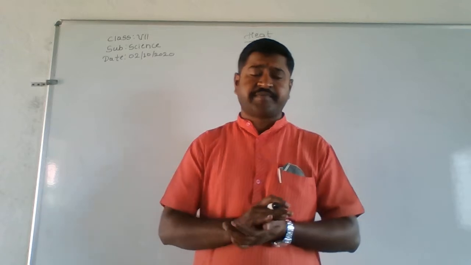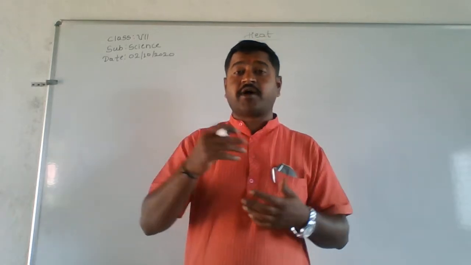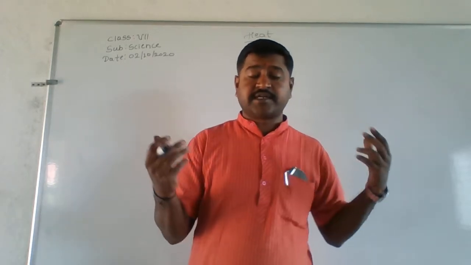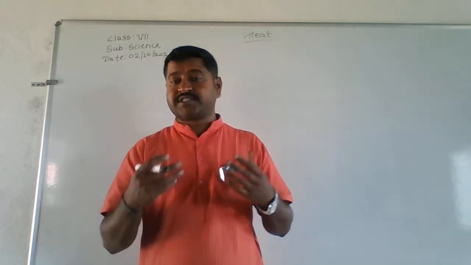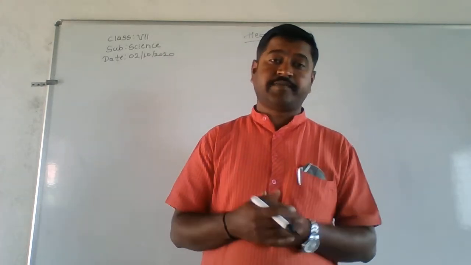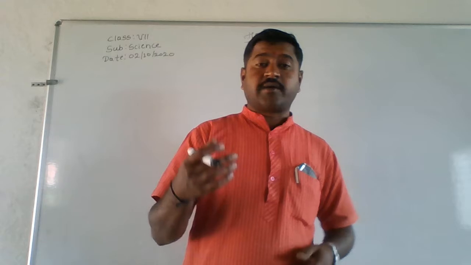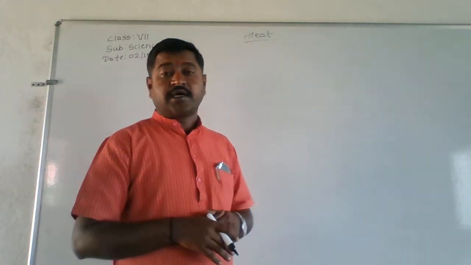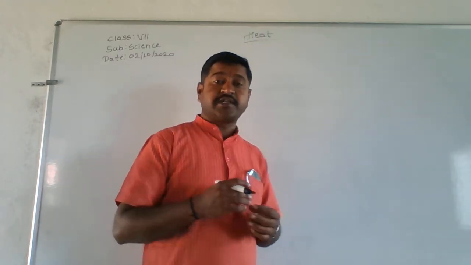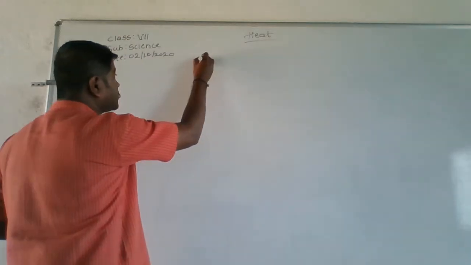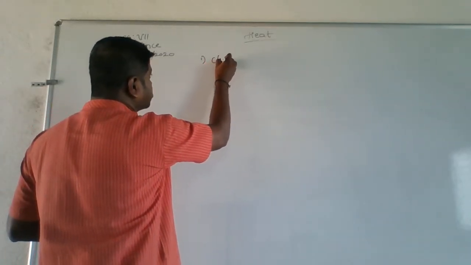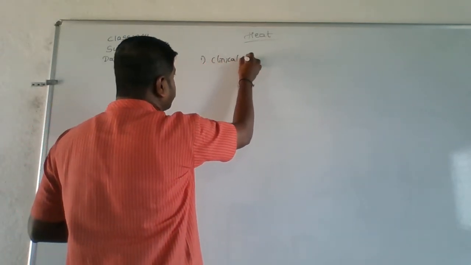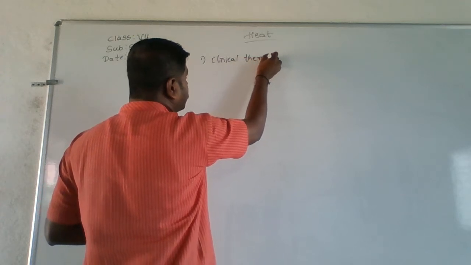Then next, it is about the thermometer. Whatever we said now, temperature is measured in terms of Celsius, Fahrenheit and Kelvin. So now we'll come to these thermometers, and the first one we'll study is the clinical thermometer.